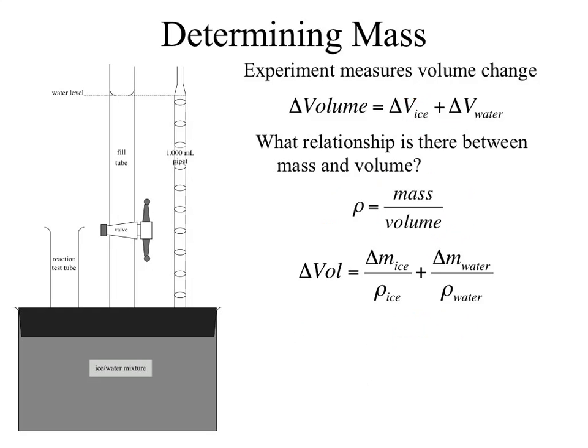Where does that mass go? To the water. So what happens to the change in mass of the water? Increases. According to the first law of thermodynamics, conservation of energy, mass is energy. The mass does not change in the course of this reaction, which means the change in mass of the ice plus the change in mass of the water must equal 0.